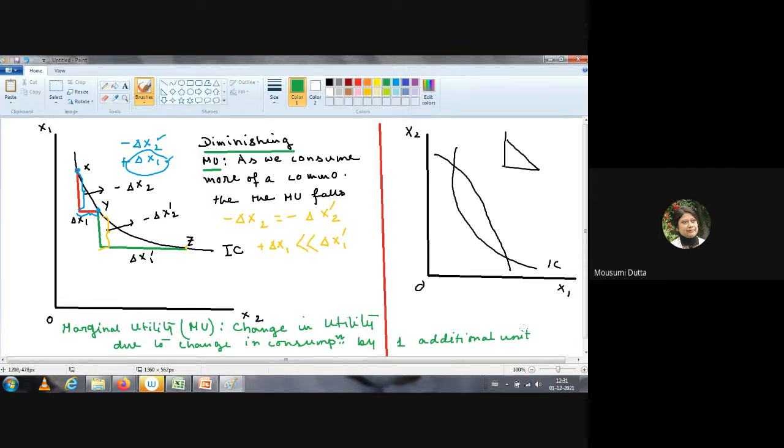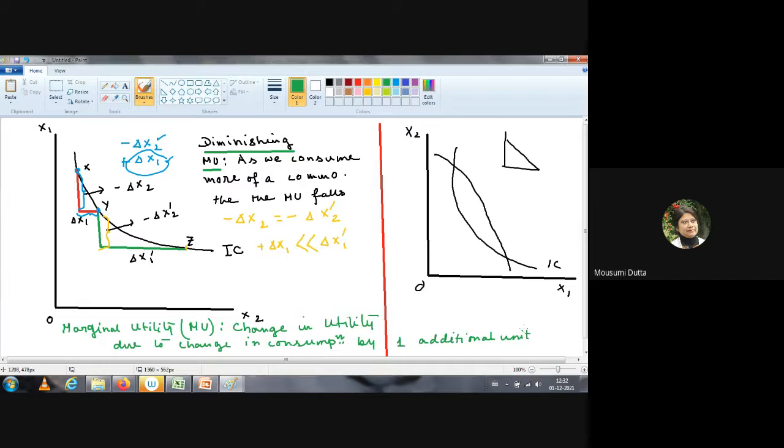Again, if somebody tells me, give me 2 more oranges, in that case I need additional 5 apples to compensate this, because the additional utility I am getting out of 1 apple is continuously falling. So to compensate the same loss, I want more and more of a commodity. This idea is called diminishing marginal utility.